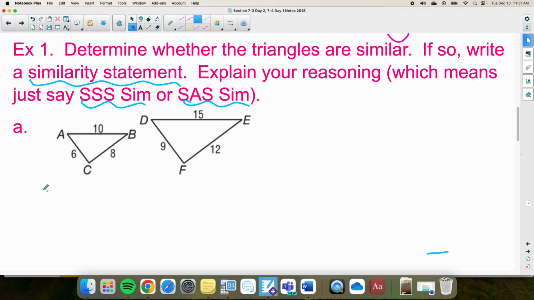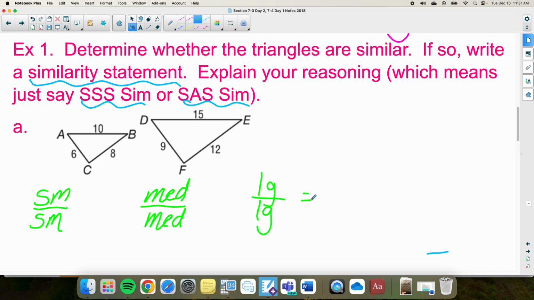So what I'm gonna do is small over small, medium over medium, and large over large. If all three of those end up being the same, they are similar. If two of them are not the same, I can stop and just say no.